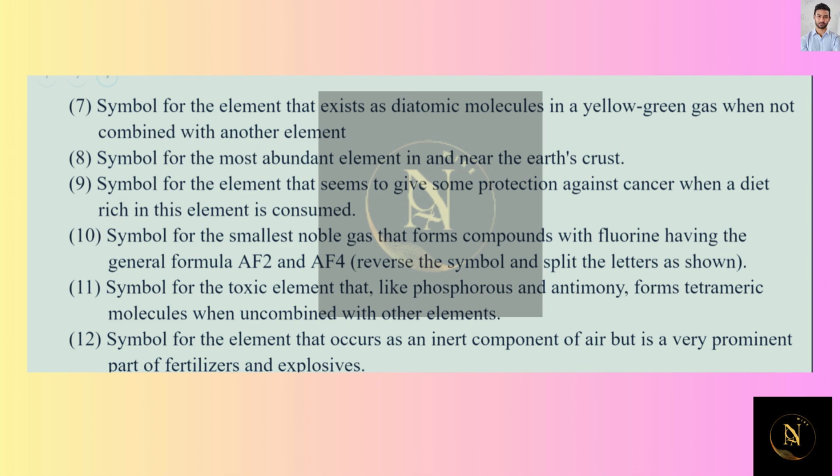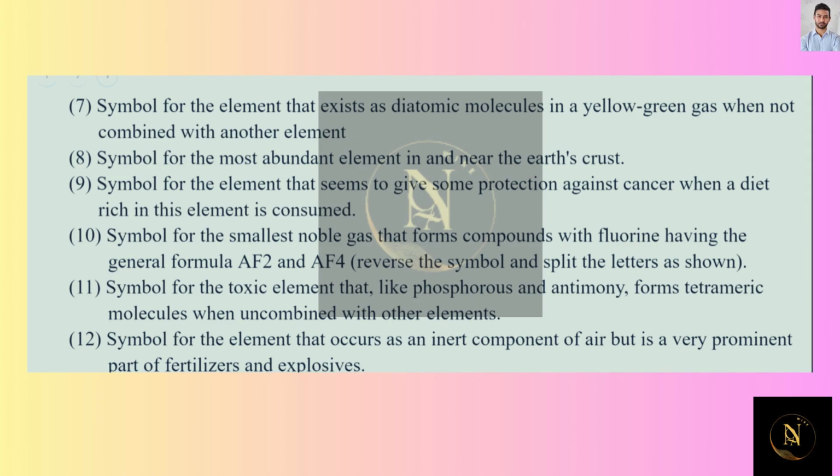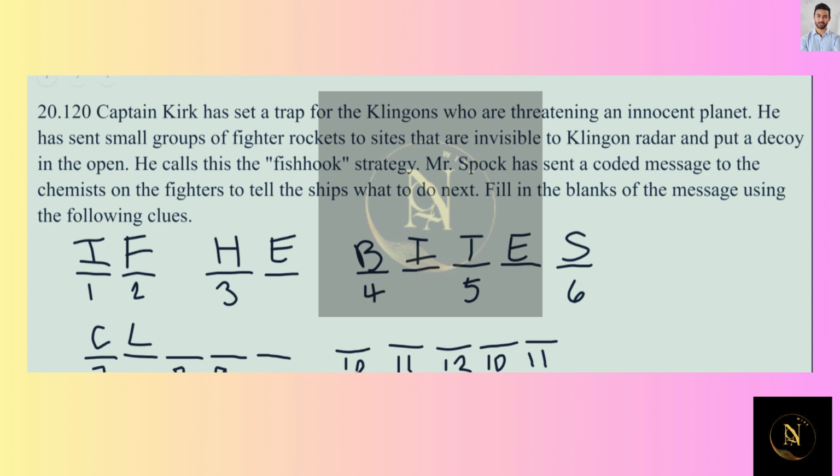So elements that like to exist as diatomic molecules, well, that sounds a lot like our halogens, so like Cl2, Br2, F2, etc. And we know that it's a yellow-green gas. So which of those will be a yellow-green gas? Well, that's chlorine. So 7 is Cl. And our eighth clue is the symbol for the most abundant element in and near Earth's crust. So the most abundant element in soil and in our atmosphere is oxygen.